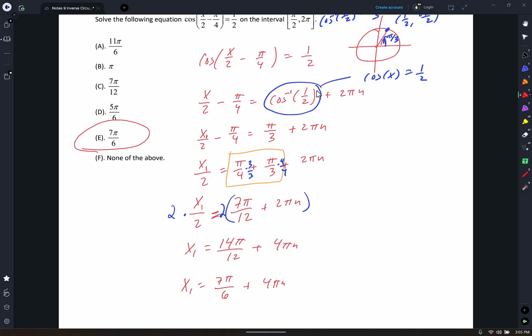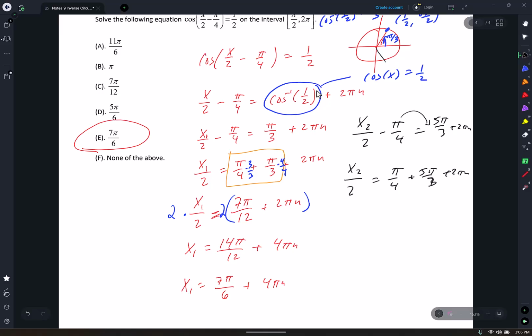How do we feel? If I would have done the other one, there's another one. If I would have done the 5 pi over 3, you wouldn't have gotten an answer. Look, don't write this down. You don't have to. 5 pi over 3 plus 2 pi n. And then move that right there. x2 over 2 equals pi over 4 plus 5 pi over 3 plus 2 pi n.